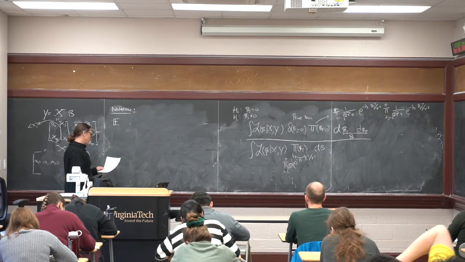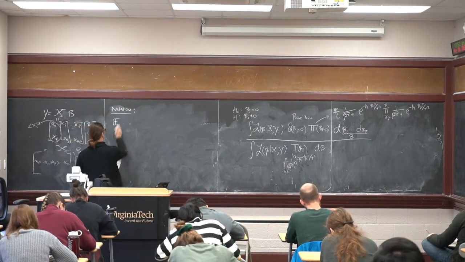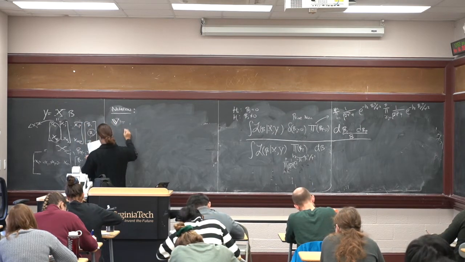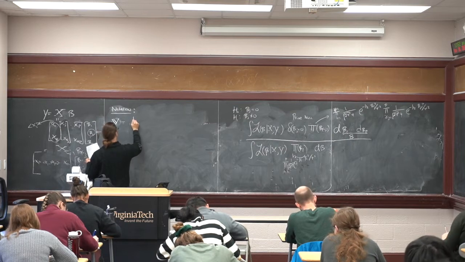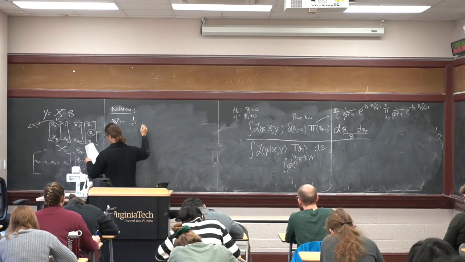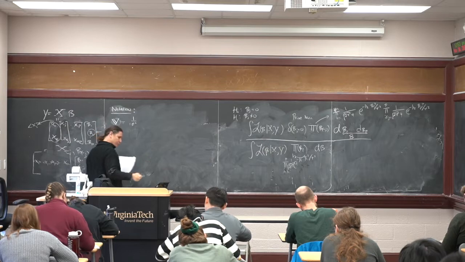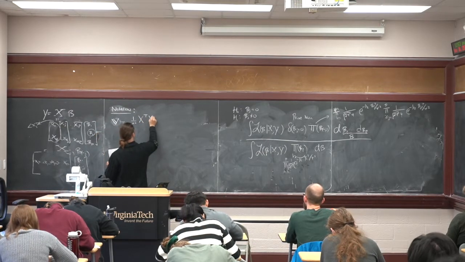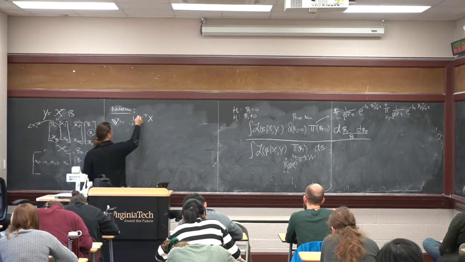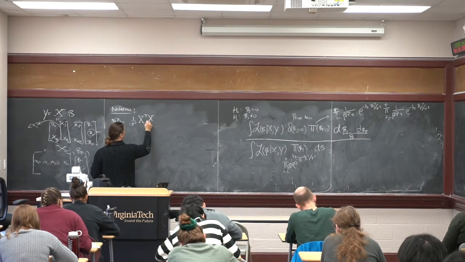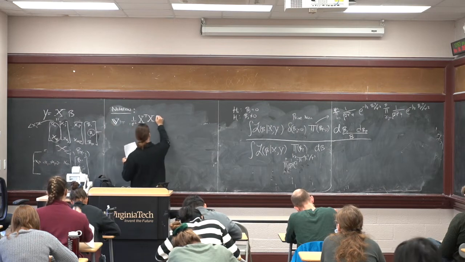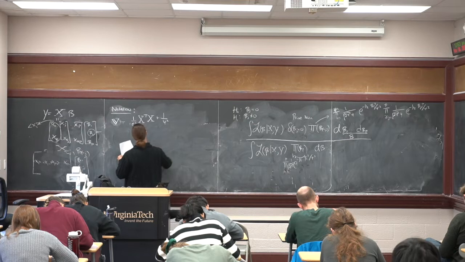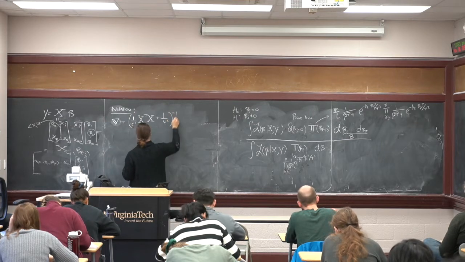I'm going to call E for expectation. Actually, let's do V first, the variance. It is going to be 1 over sigma squared X transpose X, so this is my cap X, plus 1 over psi squared, inverted.